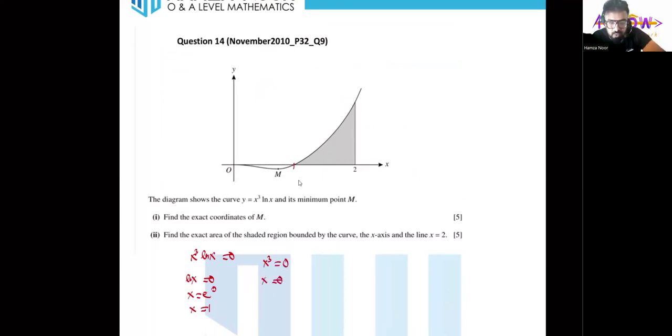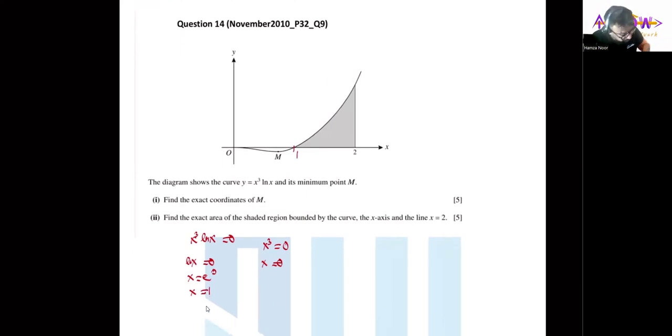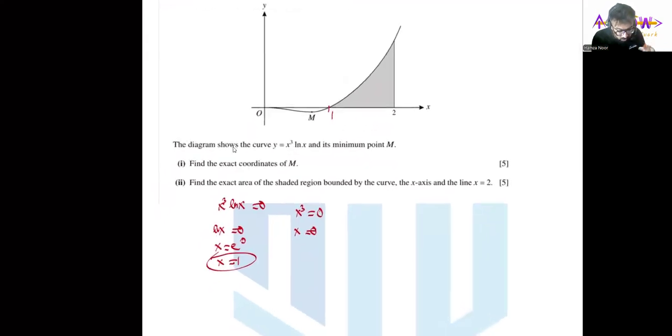We don't need this value. We are concerned with a positive value which is greater than 0. So x is equal to 1 will be over here. This is the x-intercept which we are looking for. We are not considering the origin because we don't need it. So x is equal to 1 only.